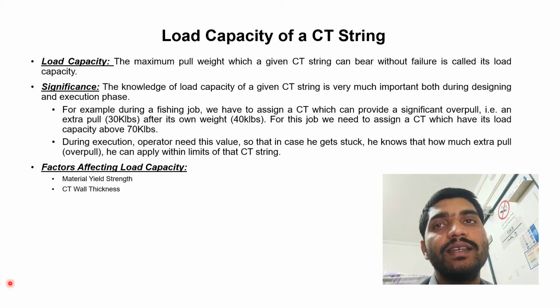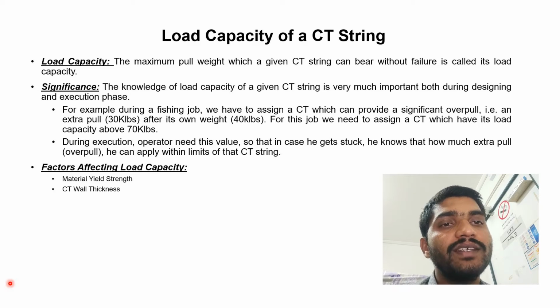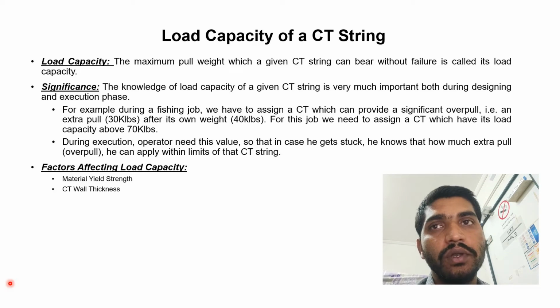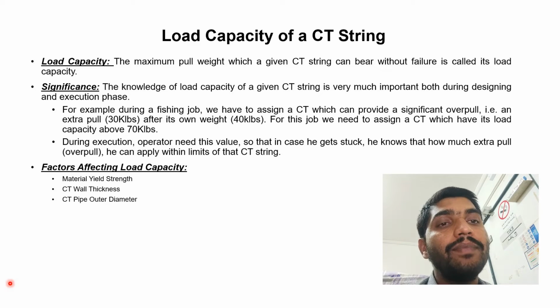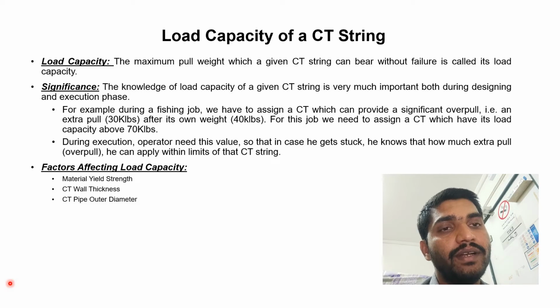And then comes the wall thickness. Of course, the greater the wall thickness, the greater the pull capacity, the greater the strength, the greater the load capacity of the coil tubing string. And then the pipe outer diameter, that is the OD of the pipe. If the material yield strength and wall thickness are the same and we just have a different outer diameter, then the bigger coil tubing will have more pulling capacity.